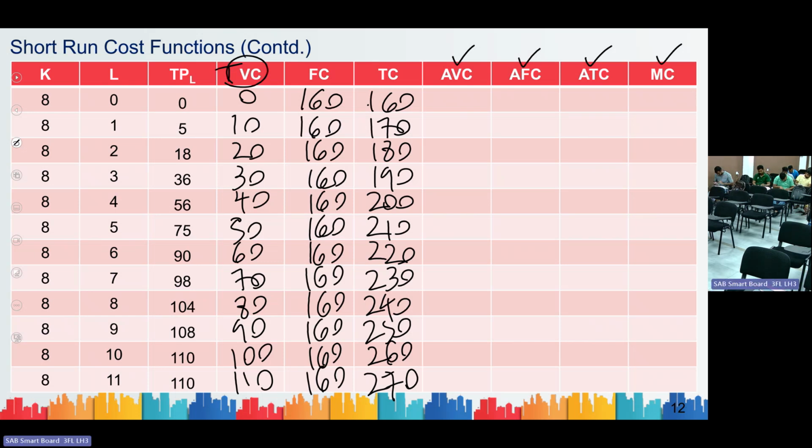And when you are writing marginal cost values, write them in between 2 points, okay?